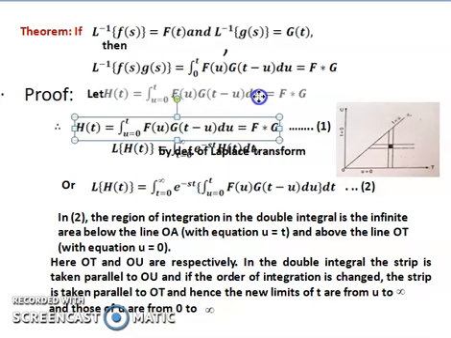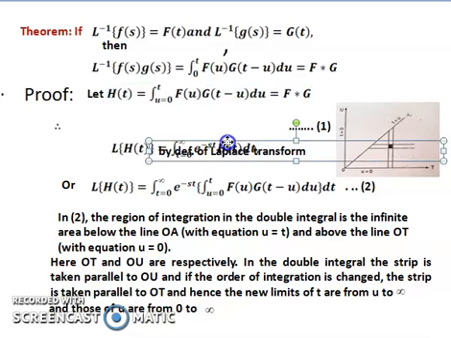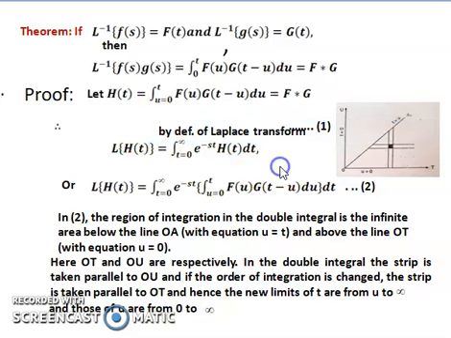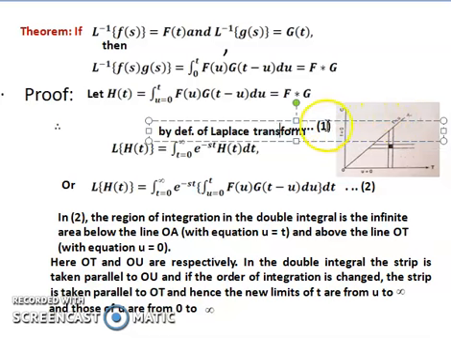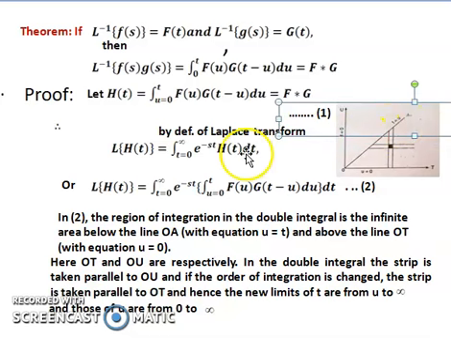Then by the definition of the Laplace transform, we get the result of the form: L of h(t) equals integration over 0 to infinity e to the power minus st h(t) dt.